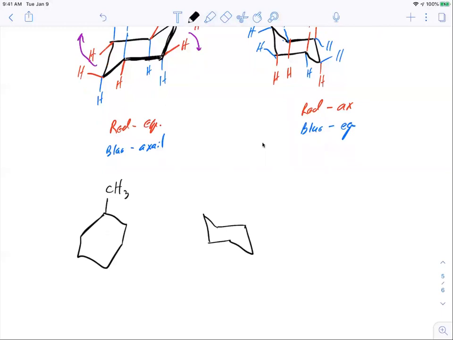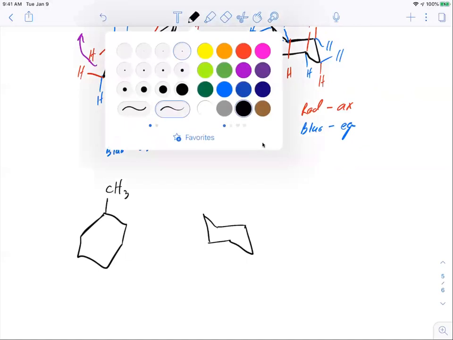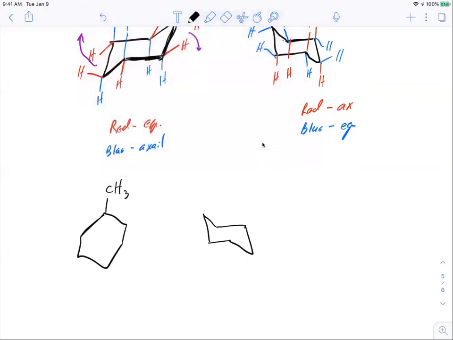And the question is, do I put the methyl group axial or equatorial? Well, where would the methyl group be most stable? Would it be most stable in the axial position, or would it be most stable in the equatorial position?